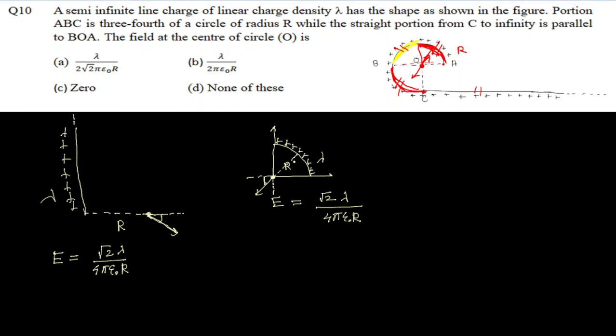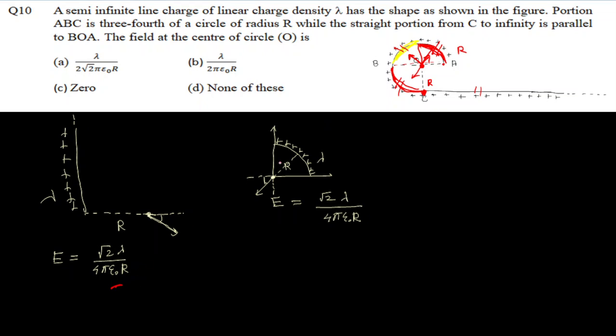So if we put these two results in this figure, what we get is that for this semi-infinite straight portion from C to infinity, the electric field will be along this direction. The perpendicular distance of the center O from the straight line is r, so the magnitude of this electric field will be root 2 lambda divided by 4 pi epsilon naught r.